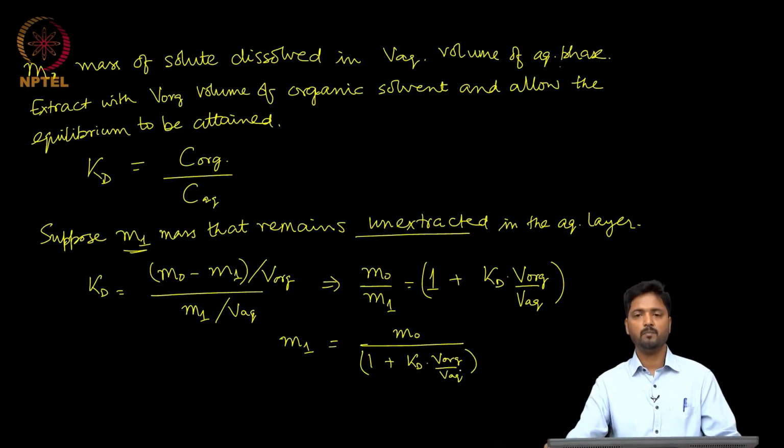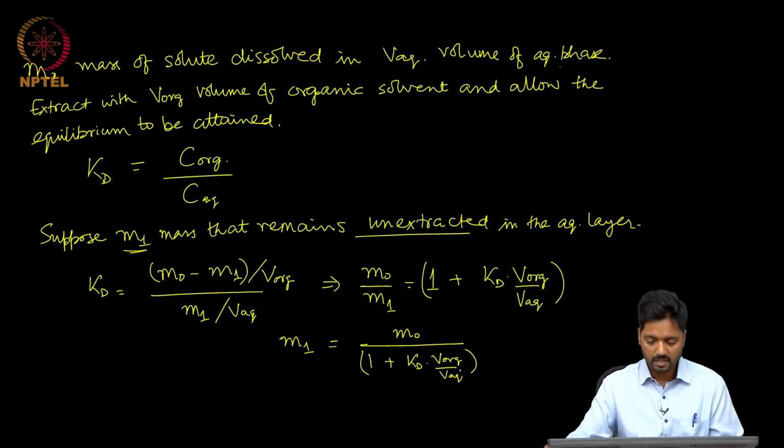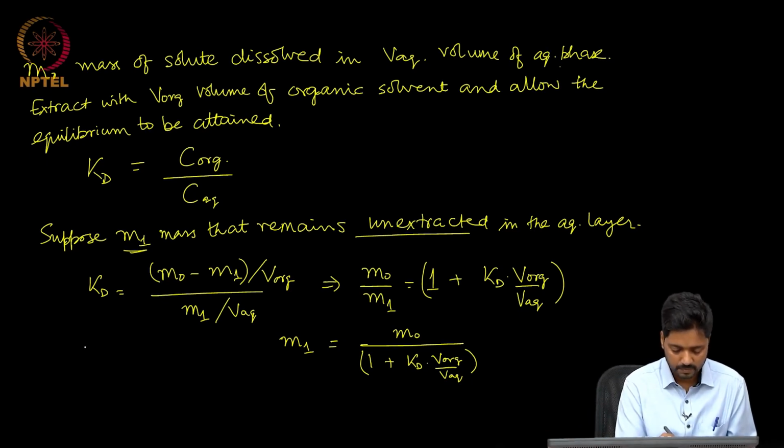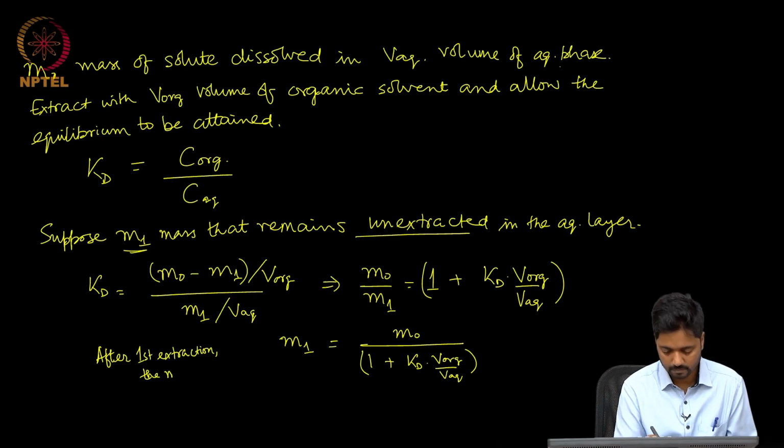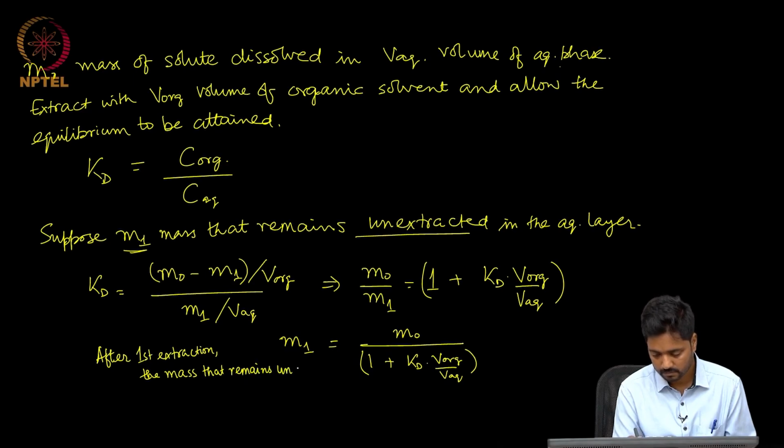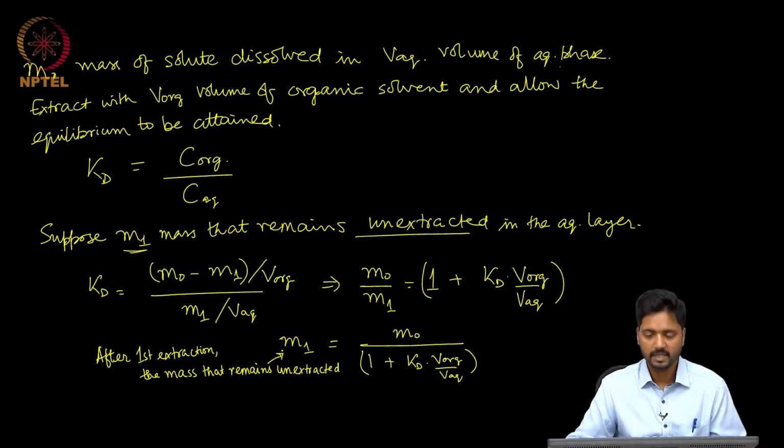So, this is the mass that remains unextracted after the first extraction. That is given by m1, and that is equal to m naught by 1 plus Kd into V org by V aqueous.